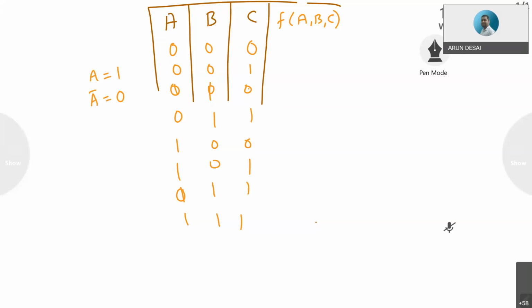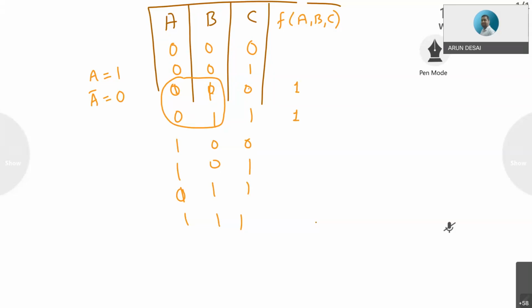So A is 0 and B is 1, right? We need to find such combinations, and in front of that we need to write 1 because this expression is true in that case.